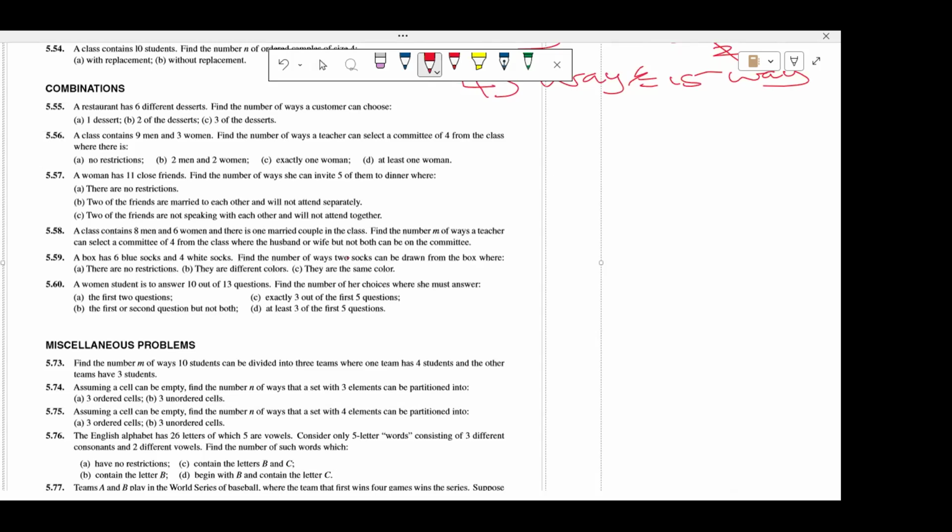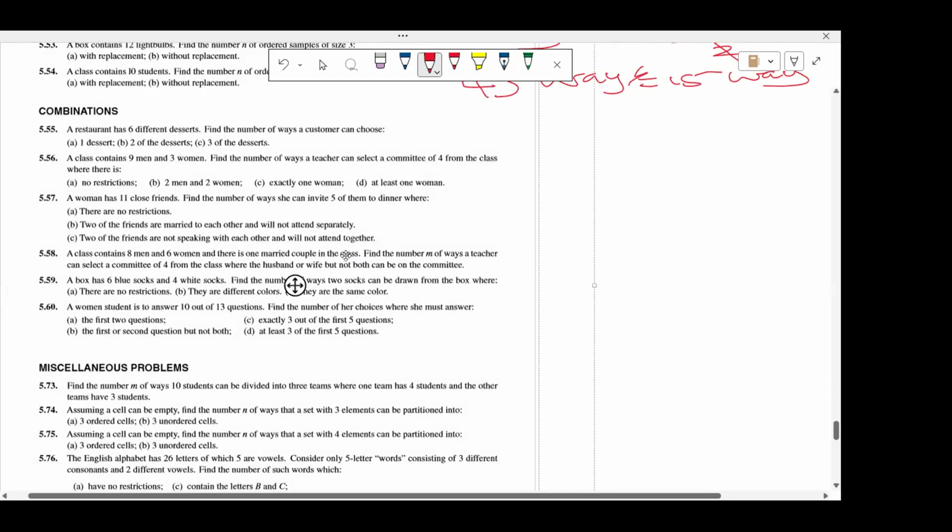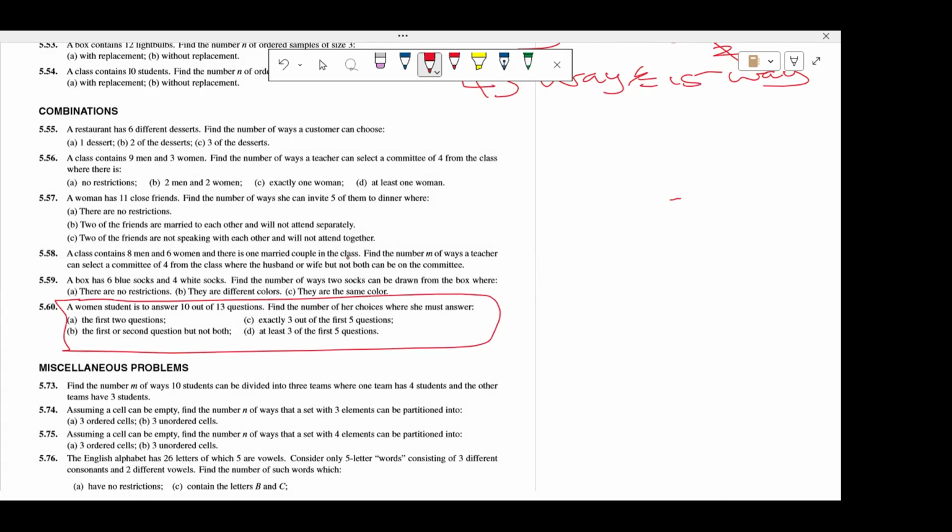Just read the question. A woman student is to answer 10 out of 13 questions.